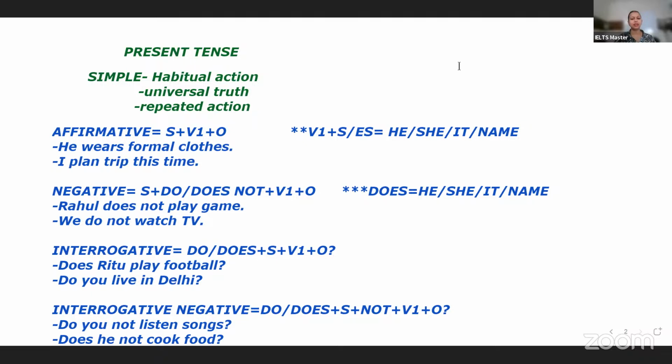Then we have another form which is present perfect.